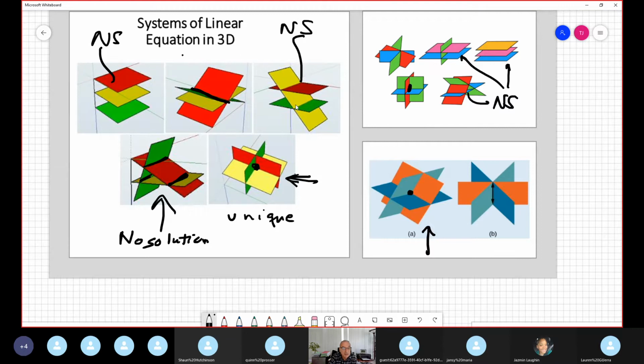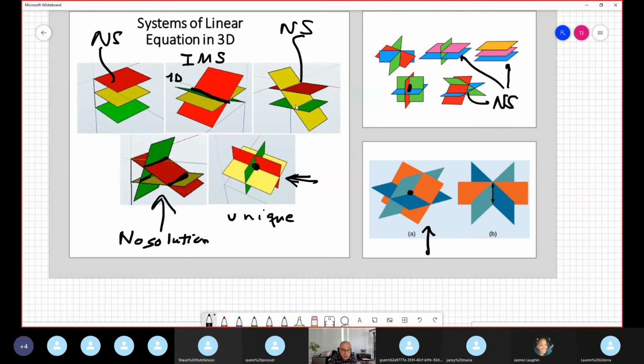So we have infinitely many solutions. And the object that represents the solution set is a line. And the line has one dimension. Any line has dimension one. A plane is a two-dimensional object. The line is one-dimensional.